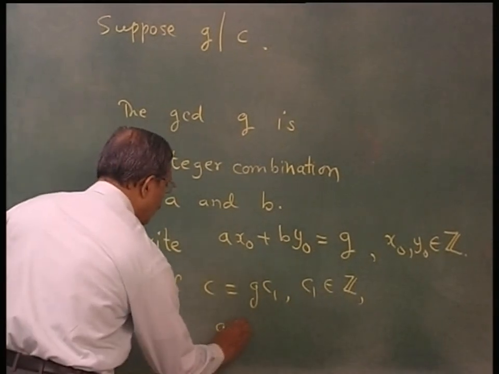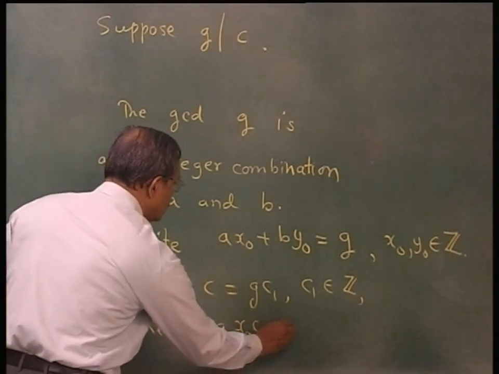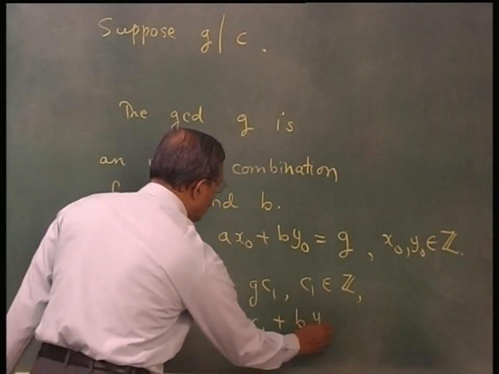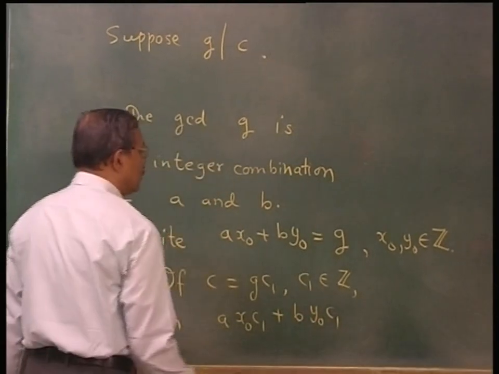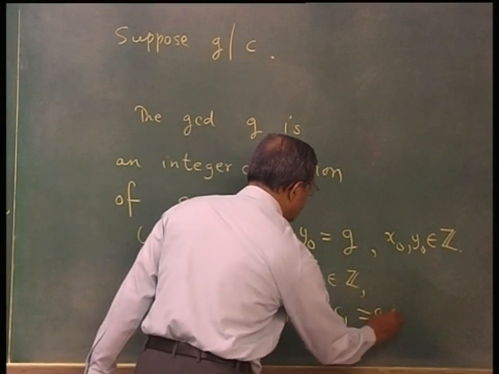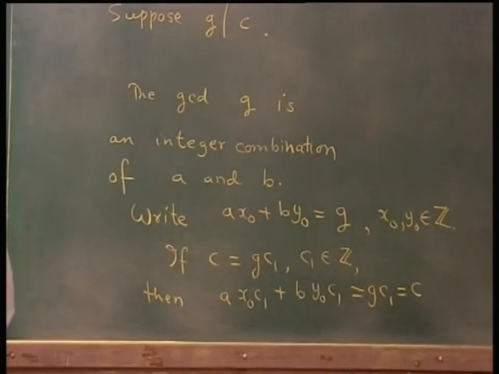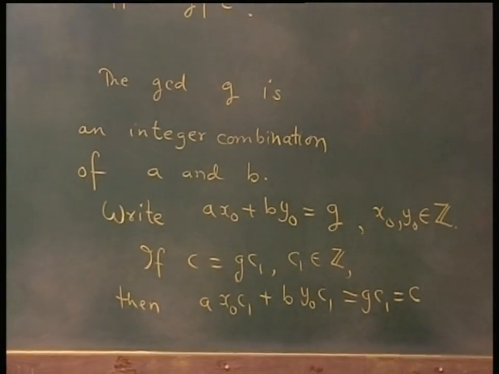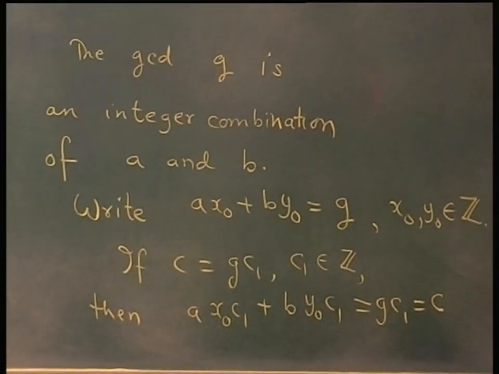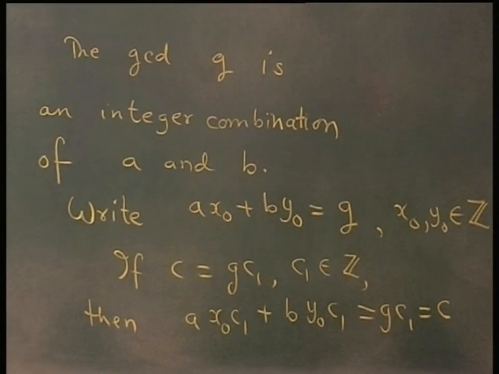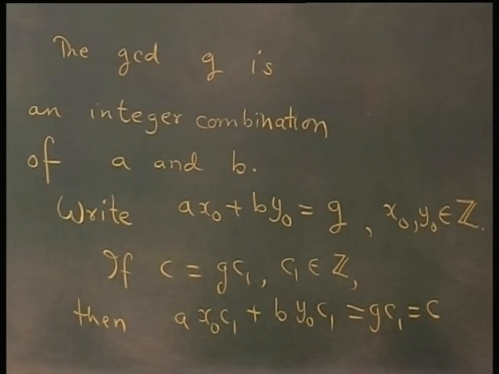So A x naught C1 plus B y naught C1 equal to G C1, that's equal to C. That gives the solution.